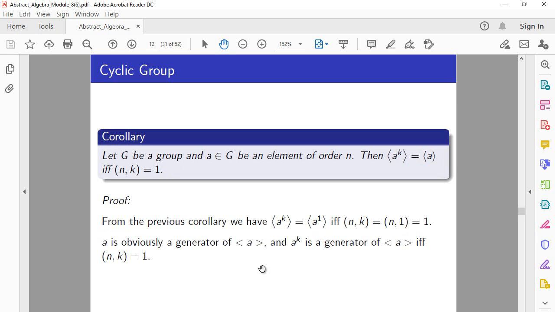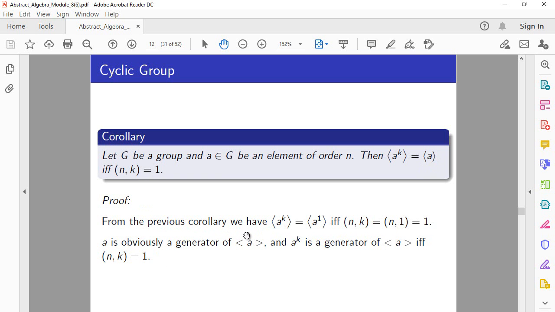Another corollary is that, again, G is a group, a is an element of order n. The subgroup generated by a to the k is equal to the subgroup generated by a if and only if k is relatively prime to n. That is, the GCD of k and n is 1.